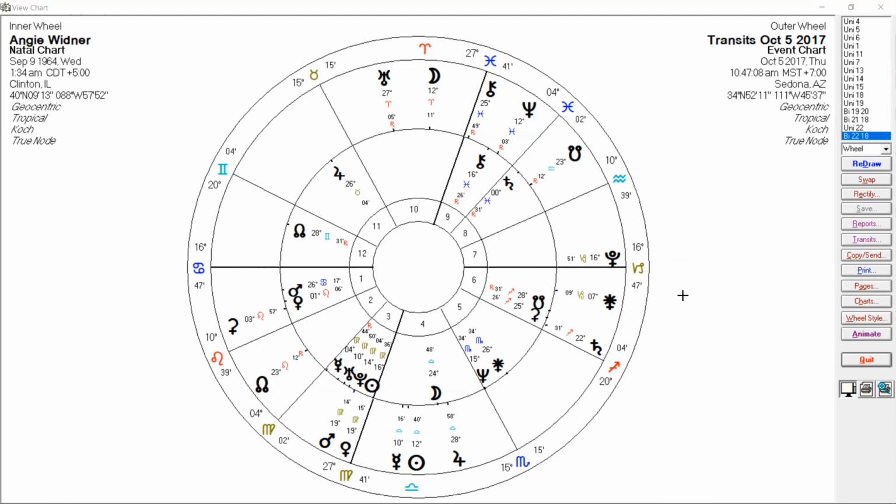But not only are they talking to each other, they are at a particular phase that initially started at the conjunction. So this is a lot to take in, but that's where we're going.